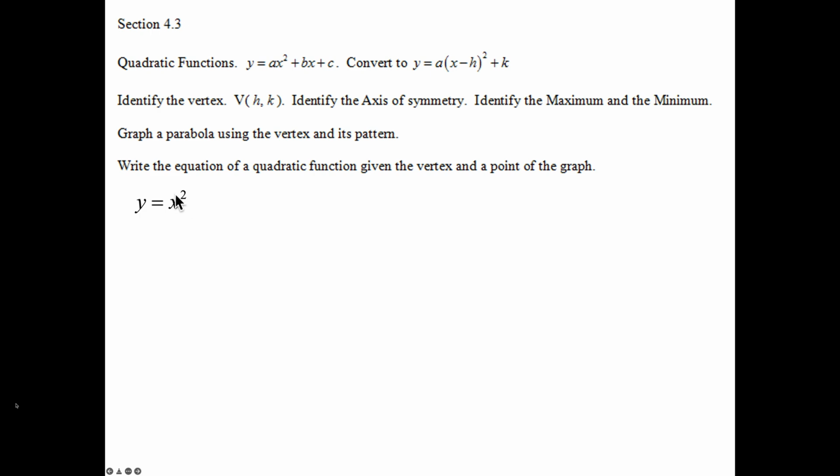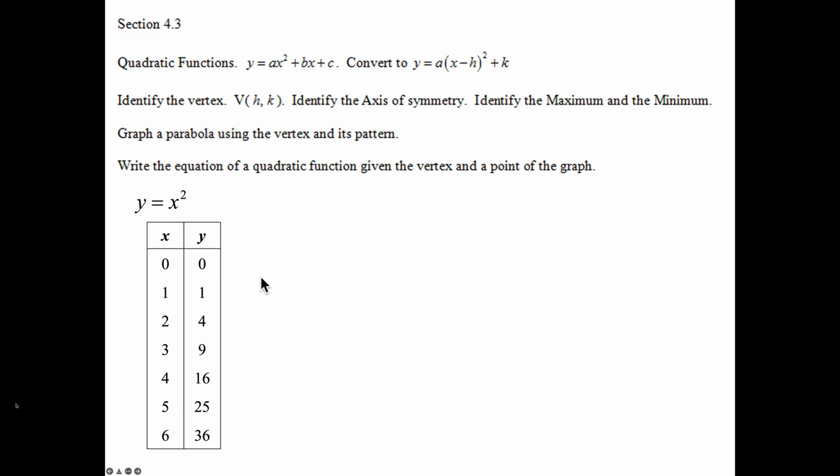Here we have y equals x squared, our basic quadratic function. Its vertex will be at 0, 0. If I put 0 in for x, 0 squared is 0, y equals 0, there's my point right there. Now, if I start going to positive x's, and I increase them by 1, like we were doing for that difference test, you want to see your x's increase at the same rate.